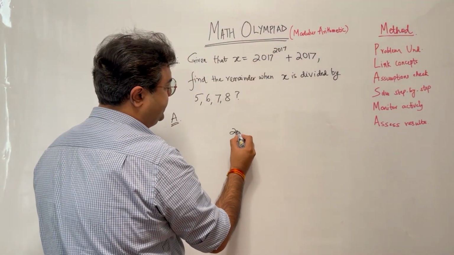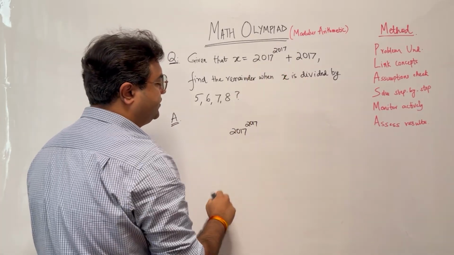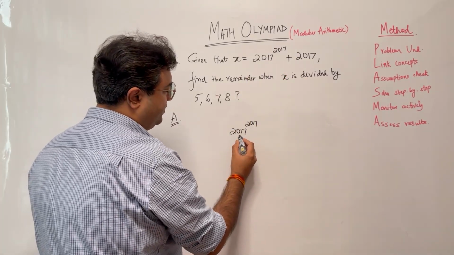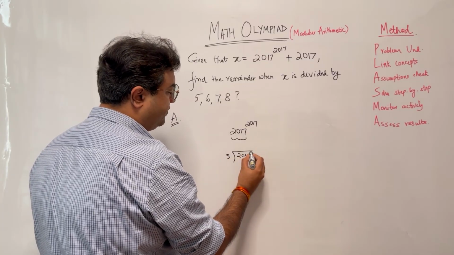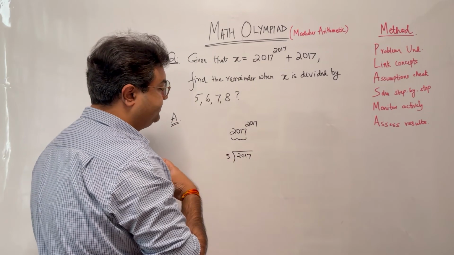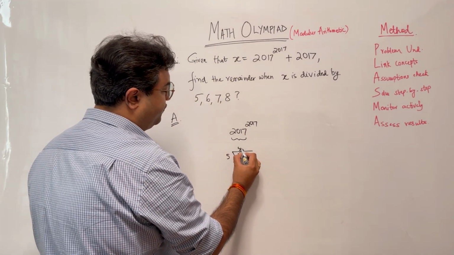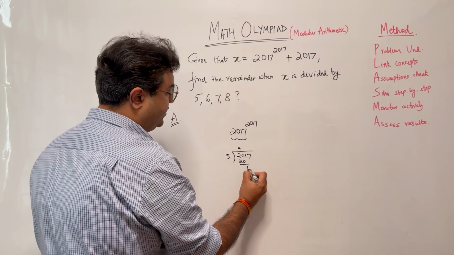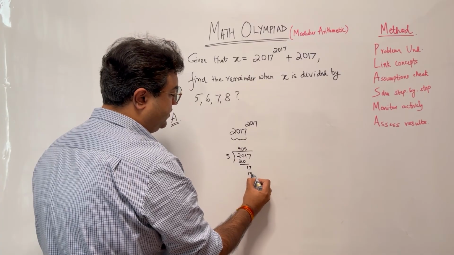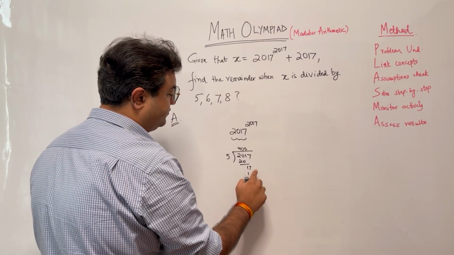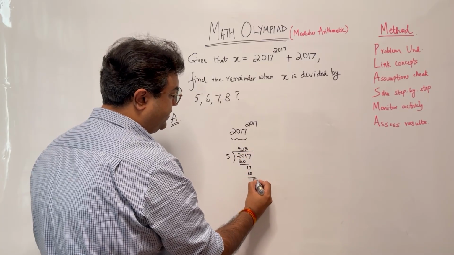We have 2017 to the power of 2017. Let's first look at the first term here. When this number 2017 is divided by 5, let's see what the remainder is. We have 403 times 5, which is 2015, and then 2.